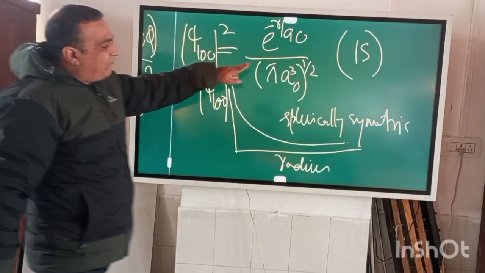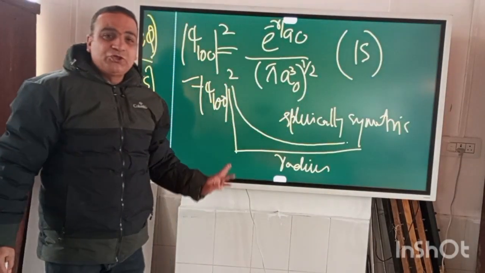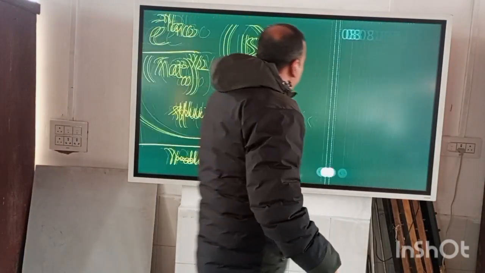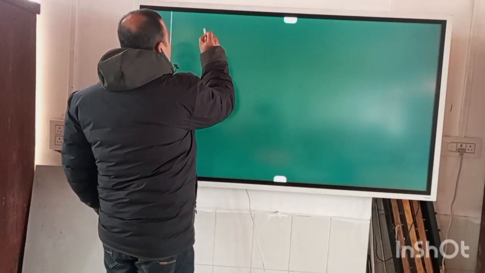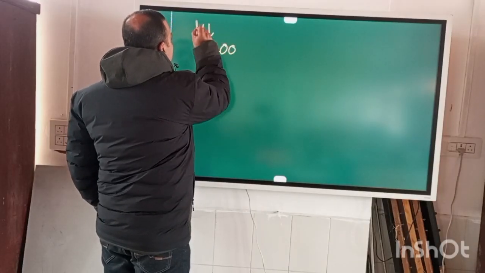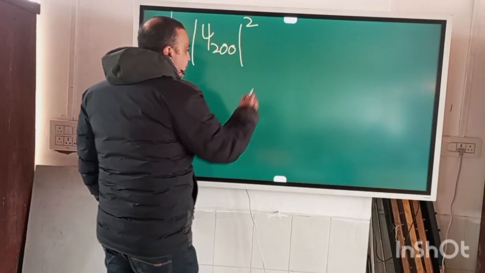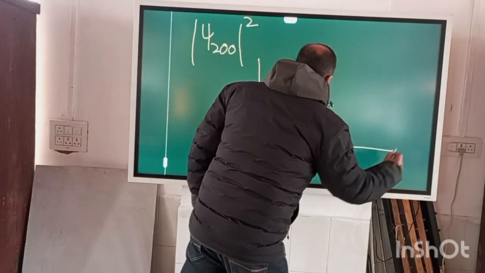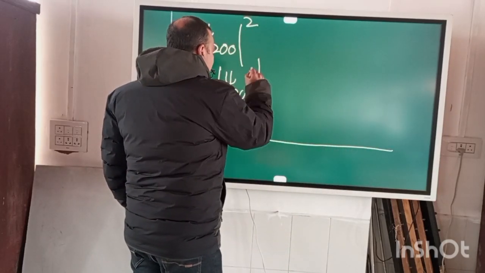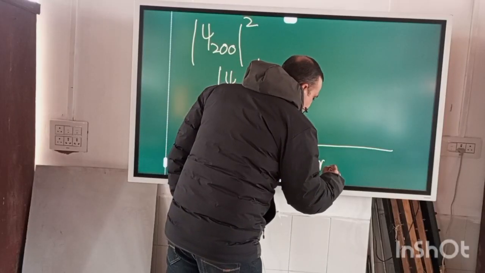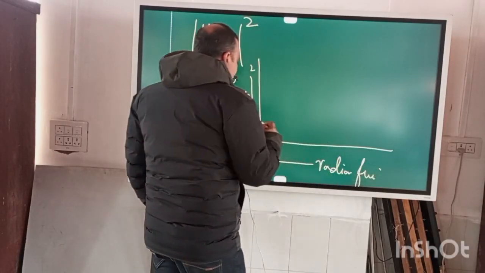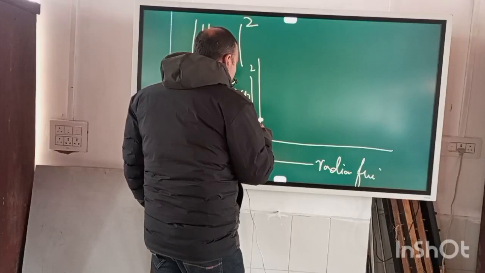Okay, I chose 1s. Now, if I choose 2s, what's that? Psi 2 0 0. Okay? And I plot it. When I plot it, this is psi 2 0 0. This is your radial function. And suppose this is 0 of the graph.